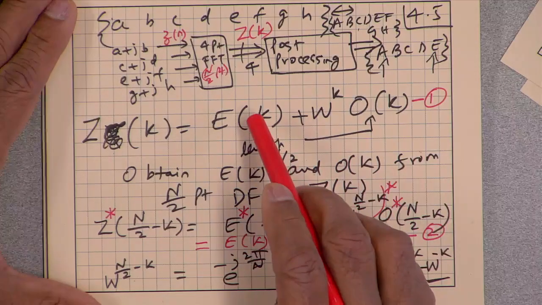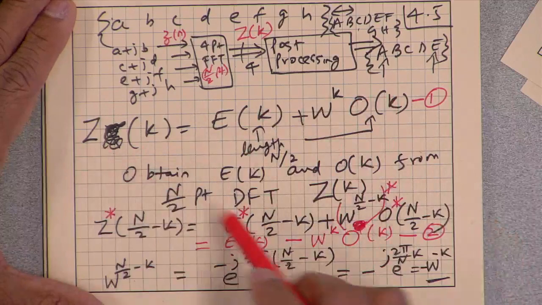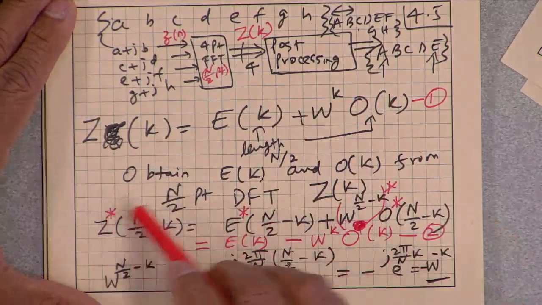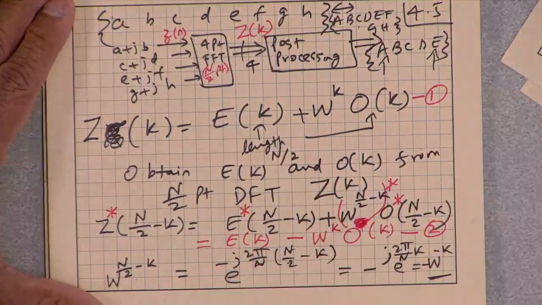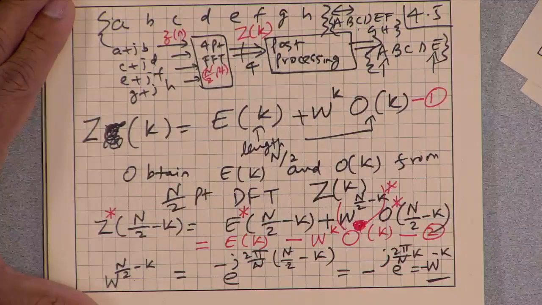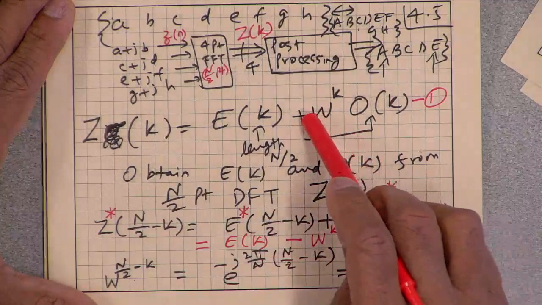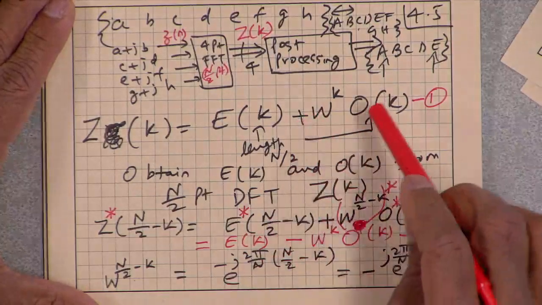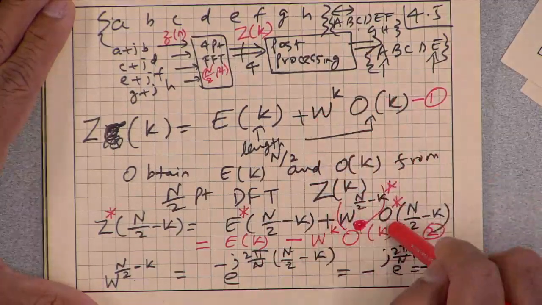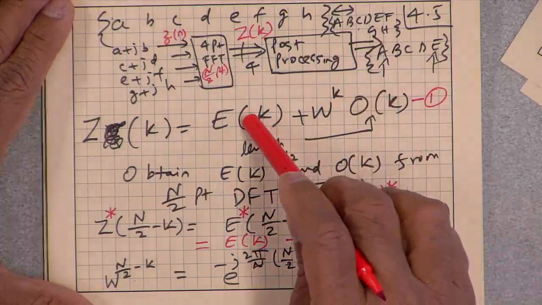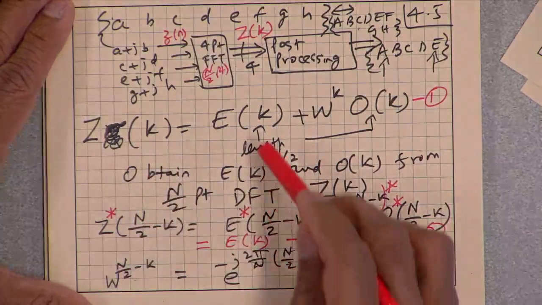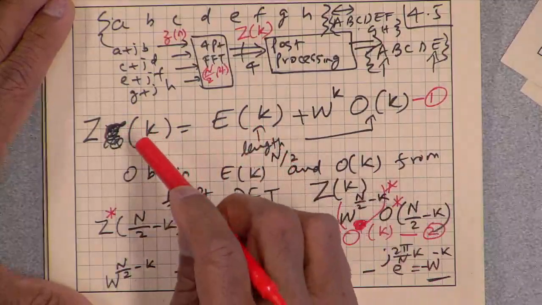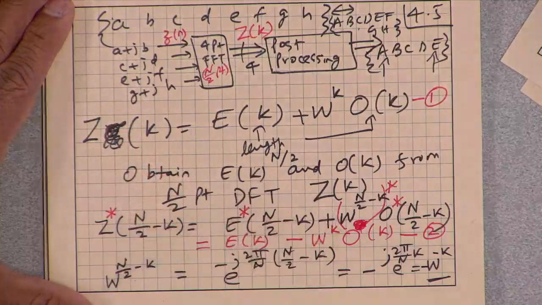So something plus something is something else, something minus something is something else. How do I get these things? Add and divide by 2, subtract and divide by 2. So if I add these two equations, what happens? This cancels out with that and I get 2 times that is equal to this plus that. And then Ek is going to be half of this plus this.